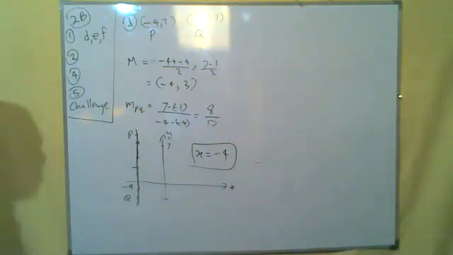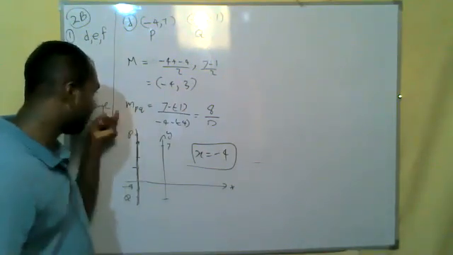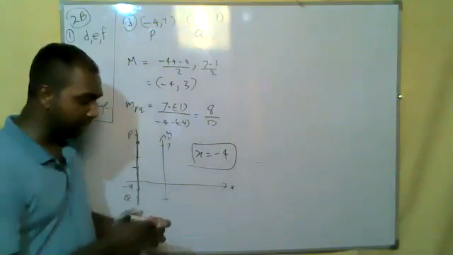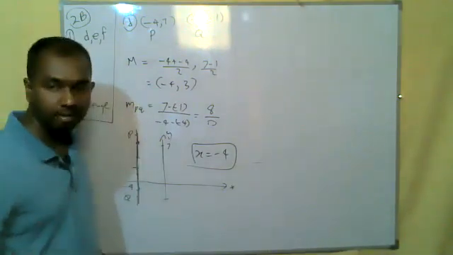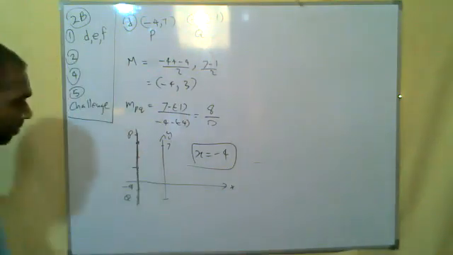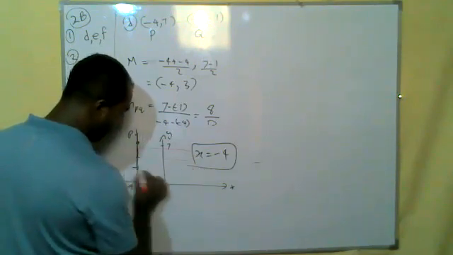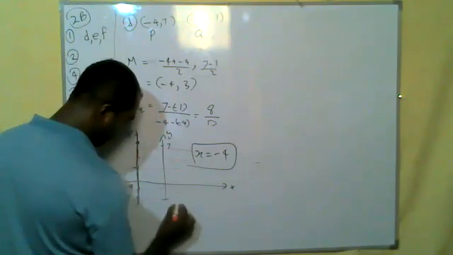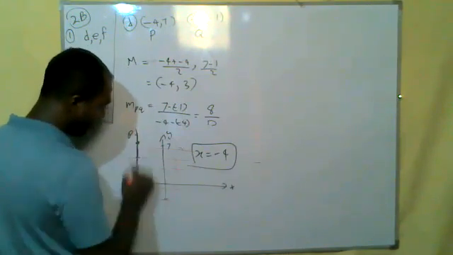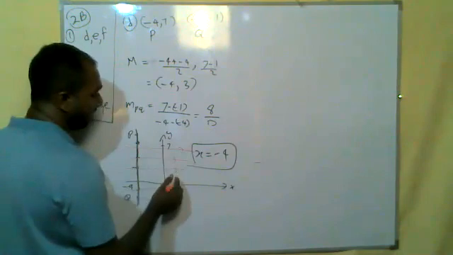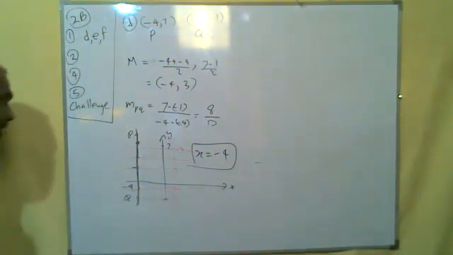Okay. Now there is something important you can understand. What will be the gradient of the other line, which is perpendicular to this line? If you draw any line perpendicular to this line, what is it going to be? It's going to be parallel to which axis? The x-axis. All these lines perpendicular to PQ are going to be parallel to the x-axis. So when they are parallel to the x-axis, how do we write the equation?